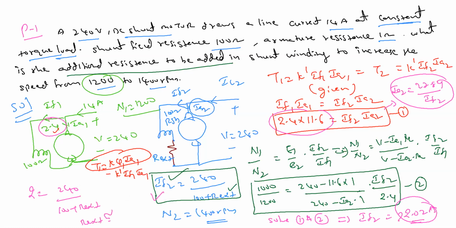Any answer? Somebody was saying IF2, yes, around 1.977, Ajal Gupta, that's correct.